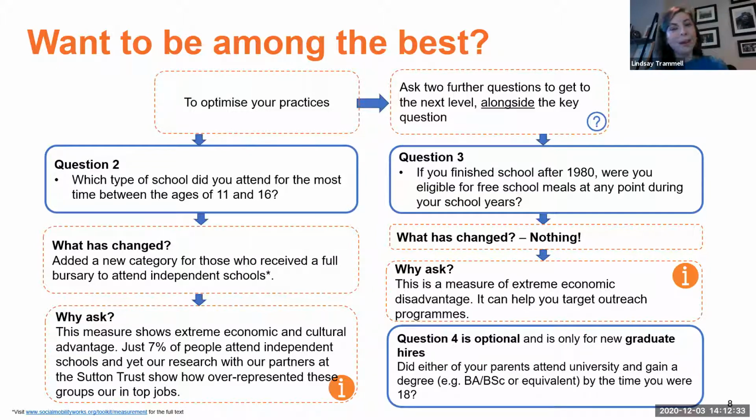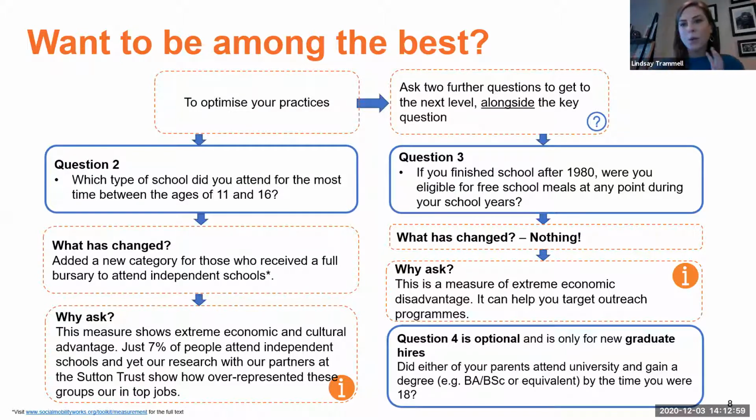It's also a measure that many employers used primarily, which was a really big problem, because people were using that but not the other questions, and then assuming that the answers showed socioeconomic background, which is not the case from an accuracy perspective. The other problem with the parental qualification measure was that you can't benchmark it to the population, because participation in higher education has changed over the decades.